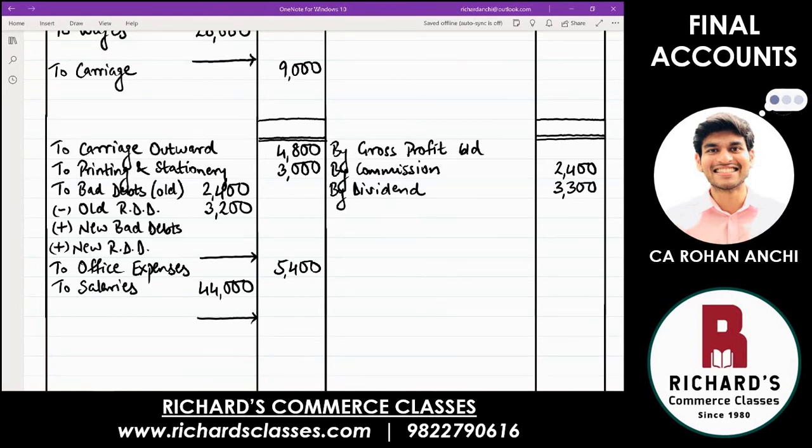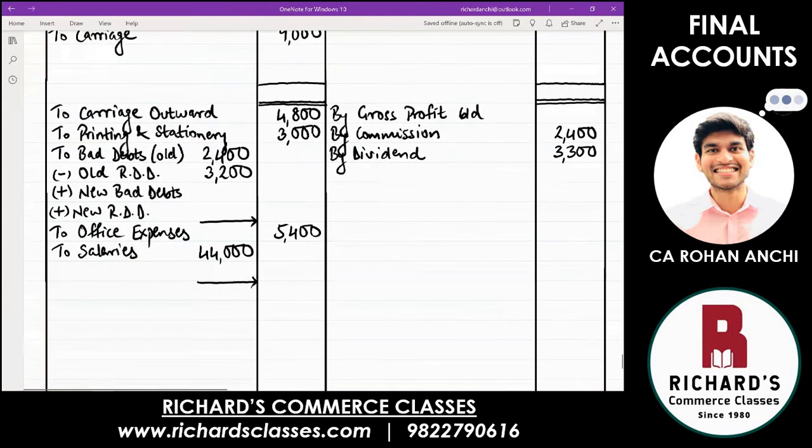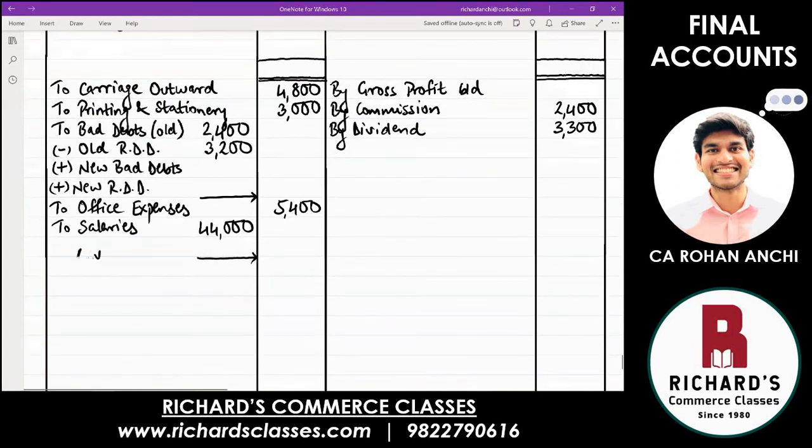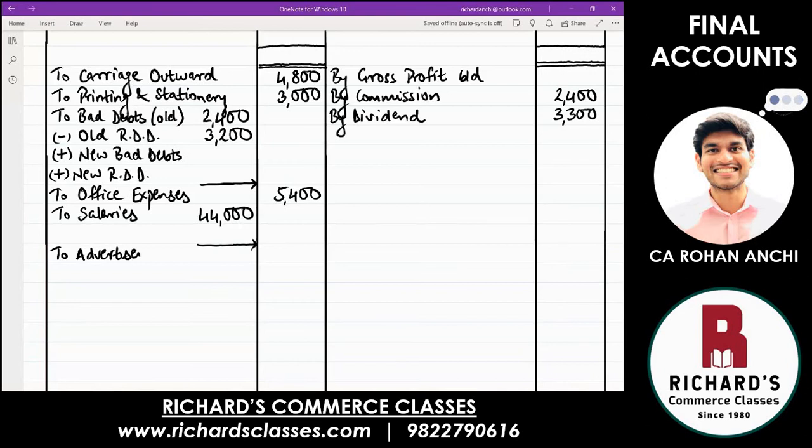Then you have the last adjustment there, advertisement for 3 years. So that is not written correctly, but advertisement is to be written in profit and loss account debit side. So first you write down to advertisement. Inner column, amount is 6,000.